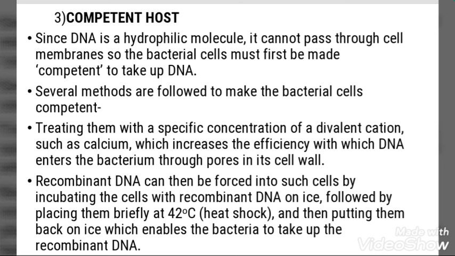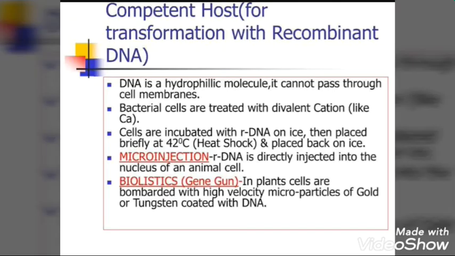Here the recombinant DNA is put on ice, followed by briefly heating up to 42 degrees. Again, that is temperature heat shock treatment, and the cells are competent cells. Otherwise the bacteria do not allow the recombinant DNA vector. Placing into the calcium solution is also highly efficient, and there are other methods as well.